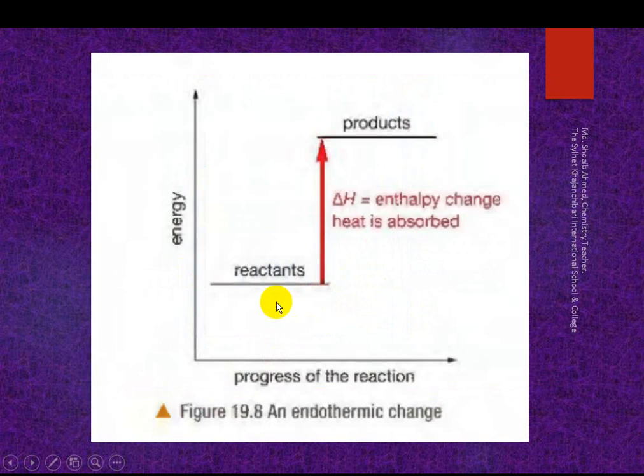This is the energy level diagram for the endothermic reaction. Product energy is more. Reactant energy is less. In this enthalpy change, heat is absorbed. So you will understand. Here at first you write the reactants at the bottom, and above is the product.